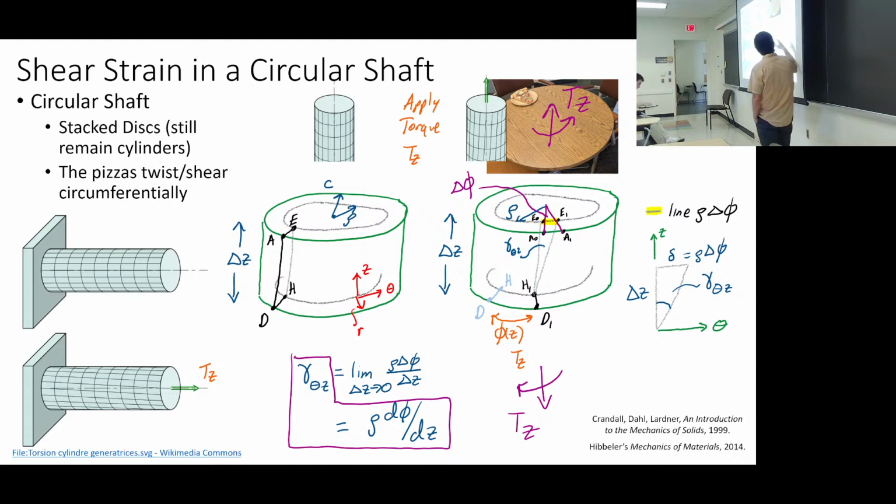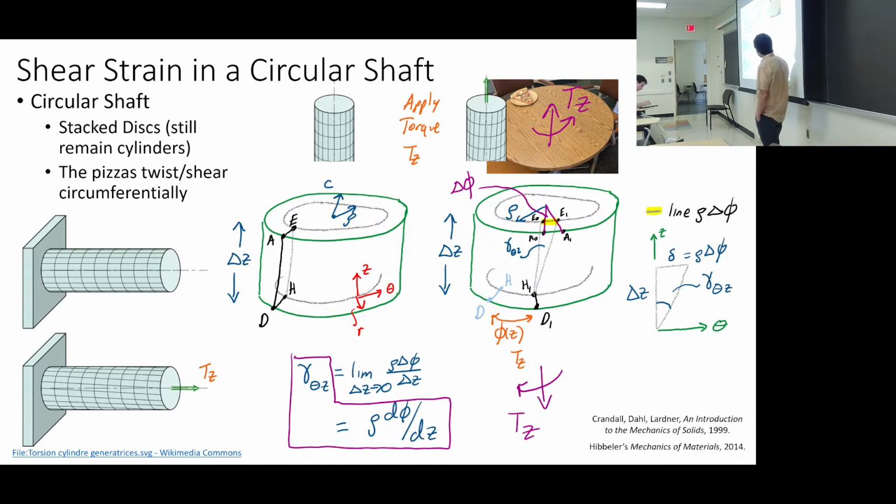But it's a small angle approximation, so we're just going to say gamma is approximately rho delta phi over delta z. But delta z has some thickness to it, so we take the limit of this ratio as delta z goes to 0. These deltas become d's, and this becomes a derivative.